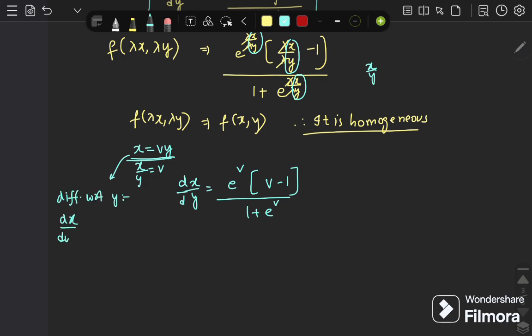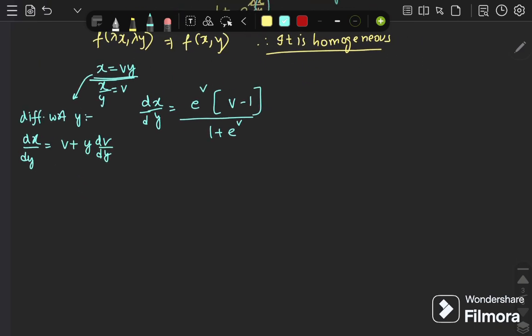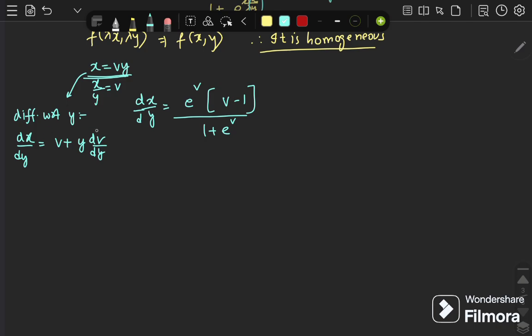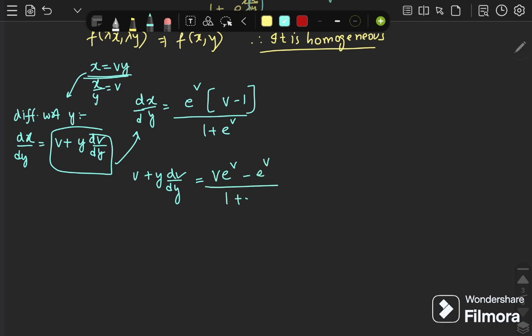I get dx/dy equals v + y dv/dy. Now let's substitute this instead of dx/dy. So v + y dv/dy is equal to e^v (v - 1) divided by (1 + e^v), which gives v e^v - e^v divided by 1 + e^v.